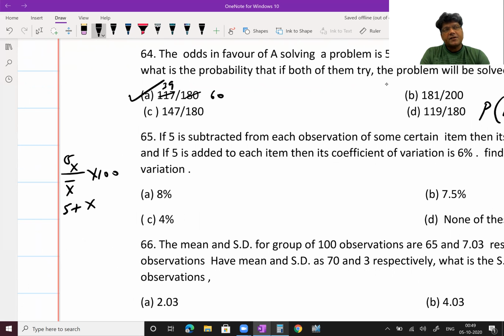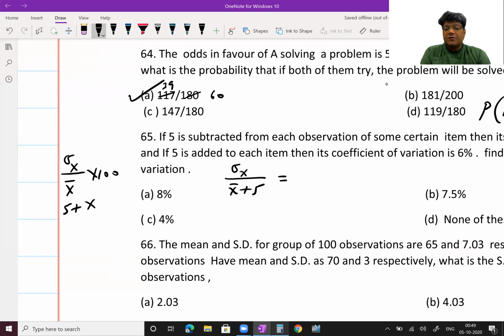So if you are doing 5 plus x, then what will be the new mean? x bar plus 5. But what will be the new SD? Same, SD of x only, because SD will not be affected. So guys, here in your coefficient of variation, the numerator SD of x remains the same, but the denominator, the mean, will be the previous mean plus 5. New SD, numerator same.